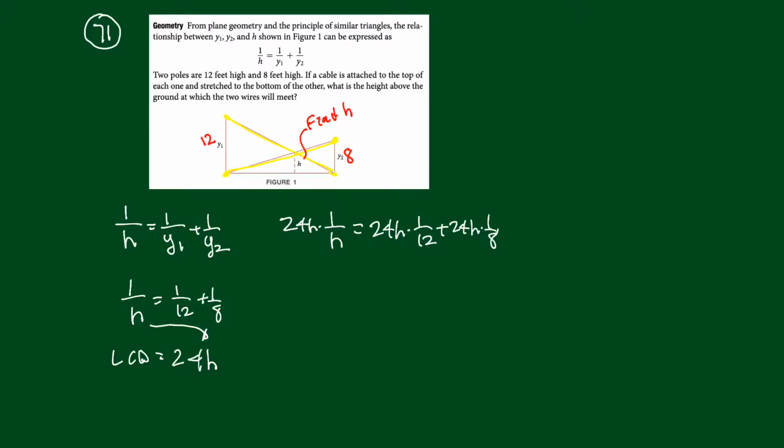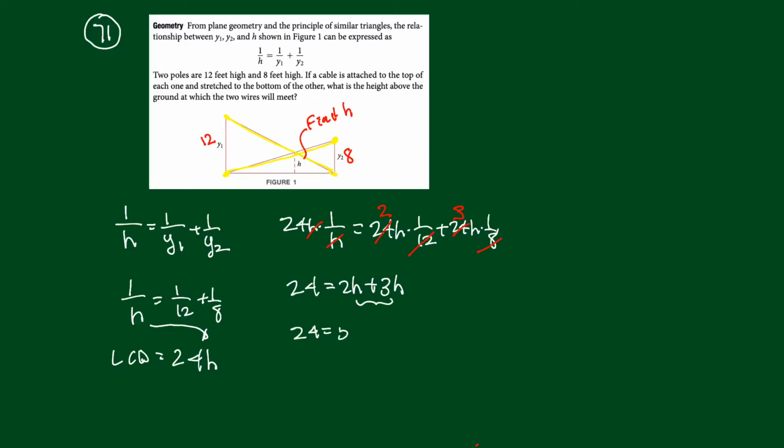Now over here, the h's cancel, and I'm left with 24 times 1, which is 24, equals, what happens here? 12 will go into 24 2 times, and then I'm left with 2h times 1, which is 2h. Plus, and then here, 8 will go into 24 3 times, and we're left with 3h times 1, which is 3h.